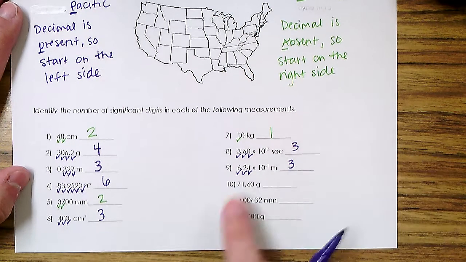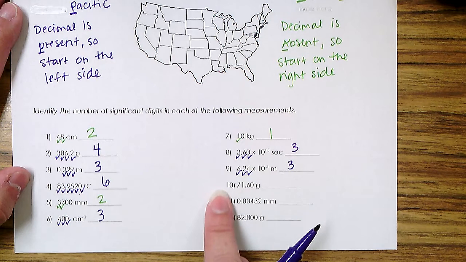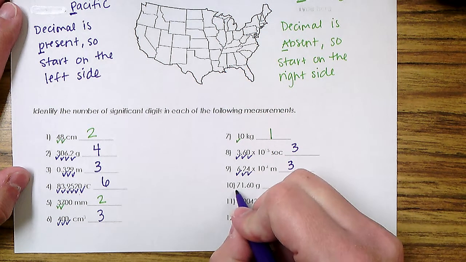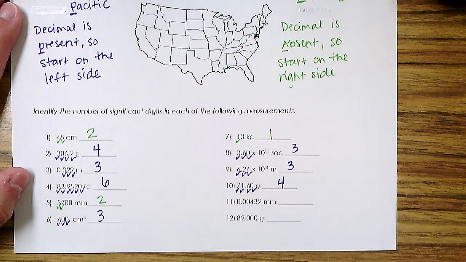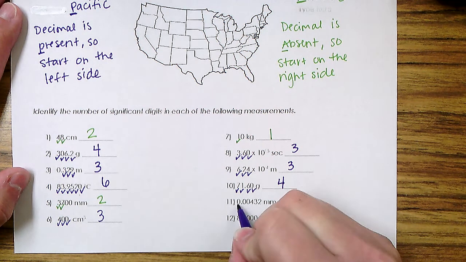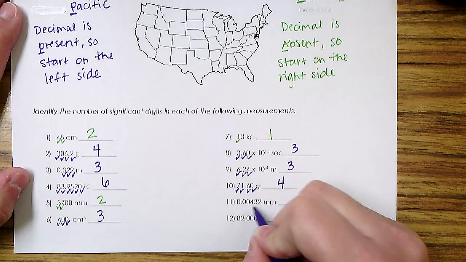Okay, number 10, we do have a decimal present, so I'm going to start on my left side, present Pacific. Come to my first non-zero number, 1, 2, 3, 4. 4 sig figs there. Number 11, again, my decimal is present, so I'm going to start on my left side. 0, 0, 0. I hit 4. That is a non-zero number.